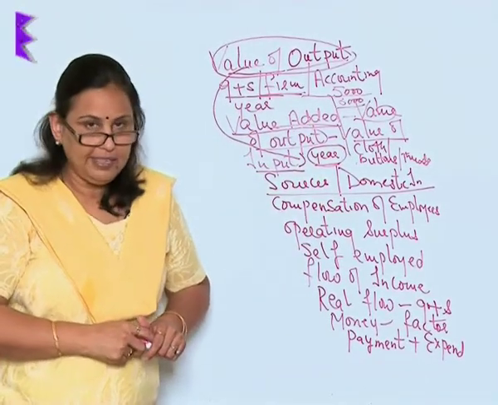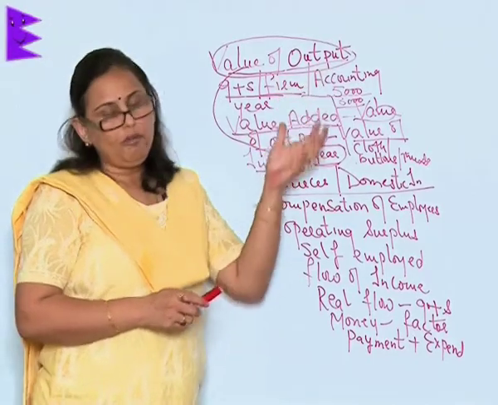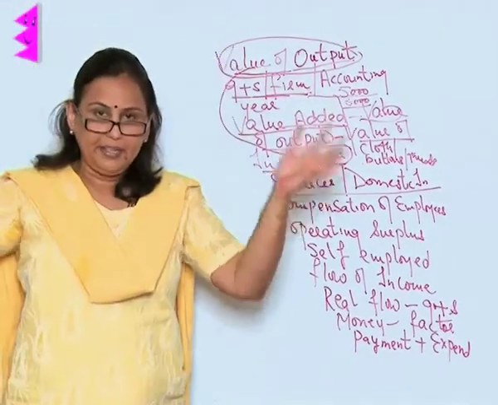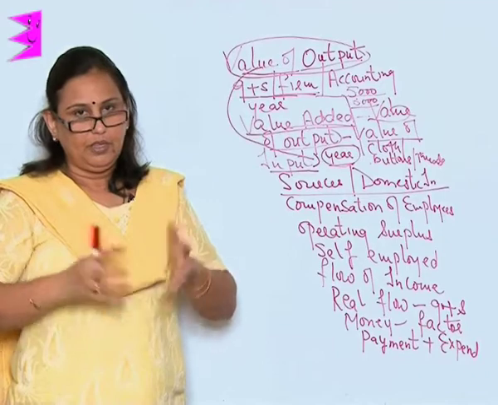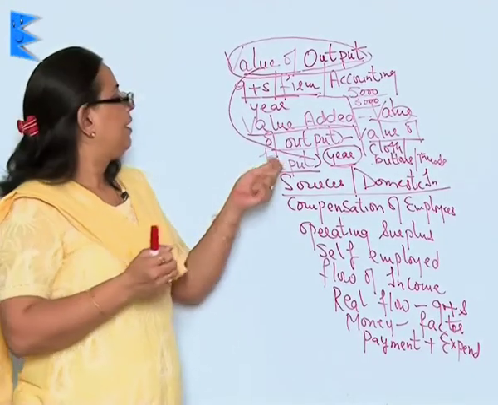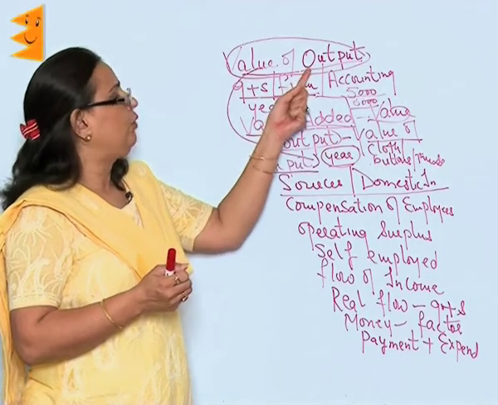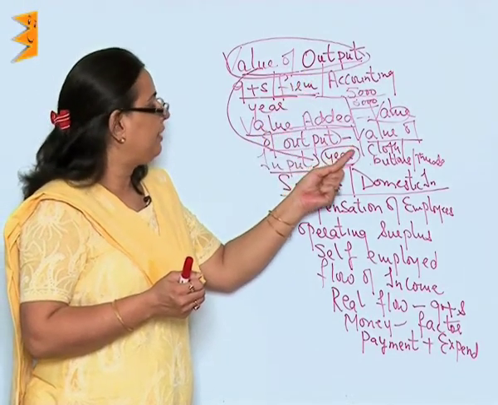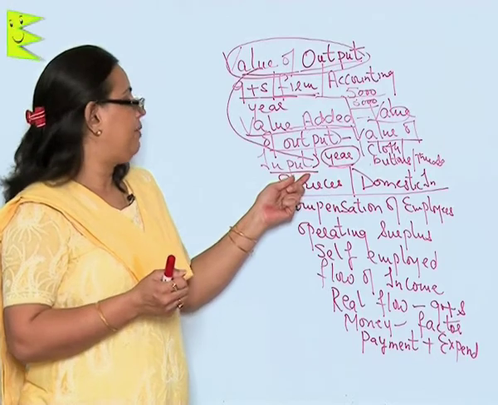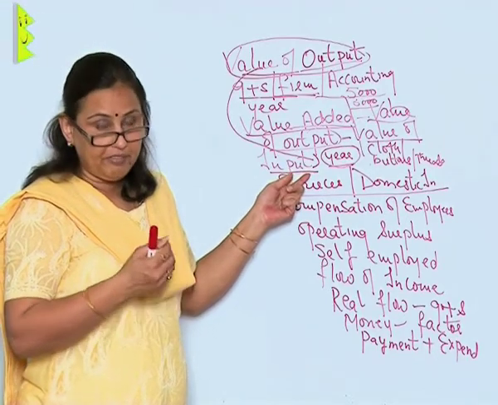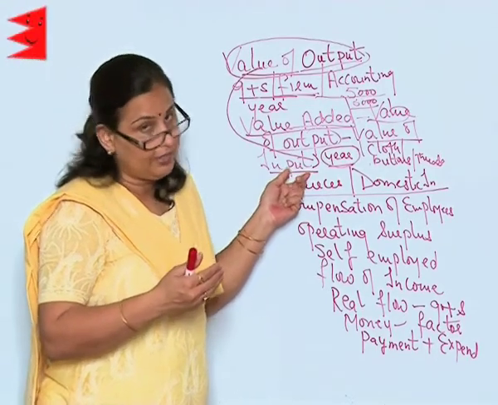So, it is very clear and simple. Value of output is the entire production, but value added is the value of output minus the value of input, that is whatever we have bought from other sources.